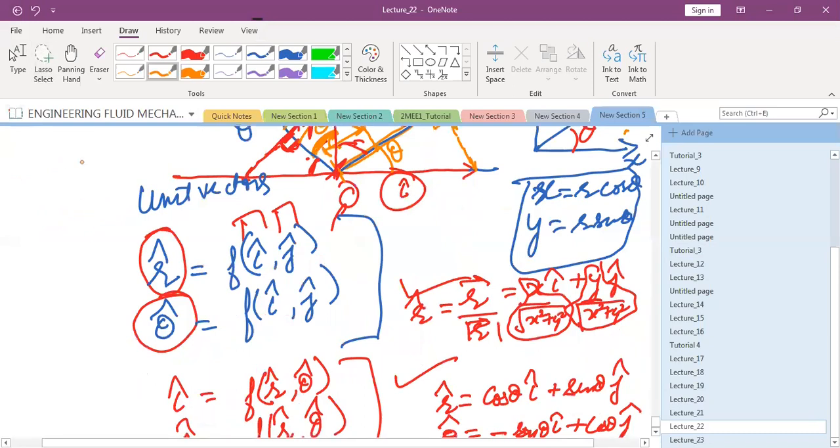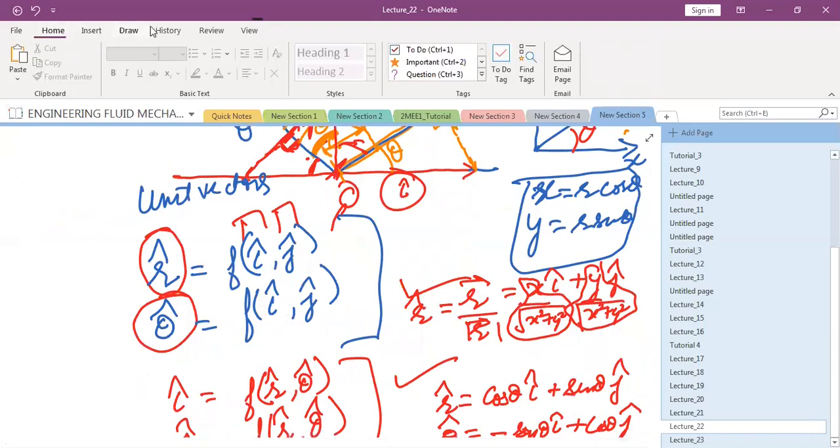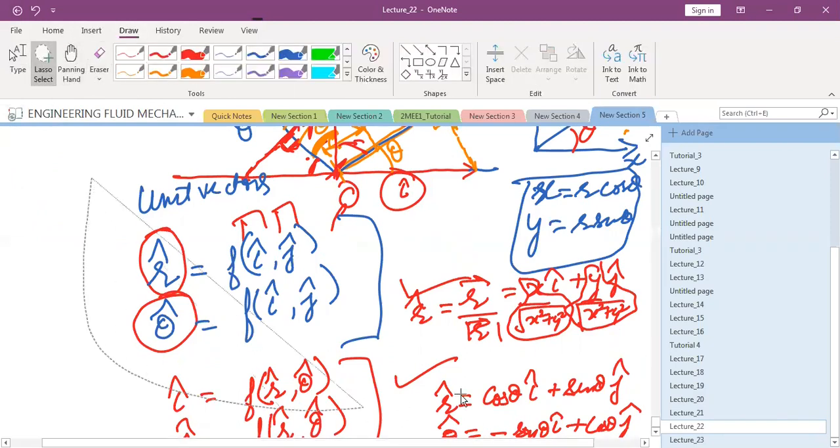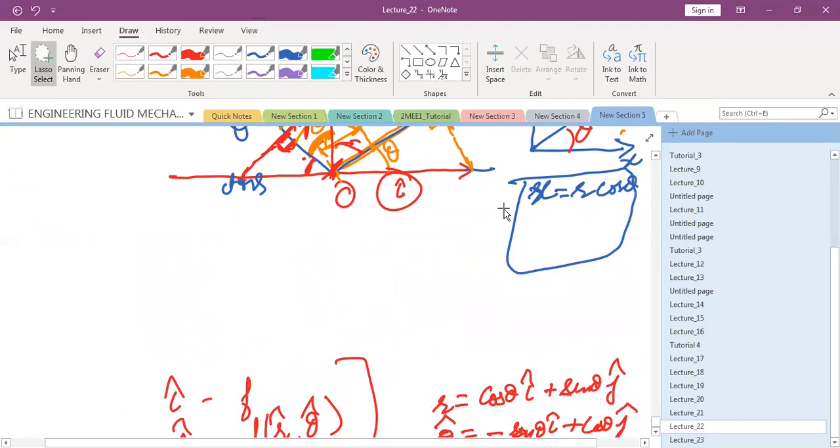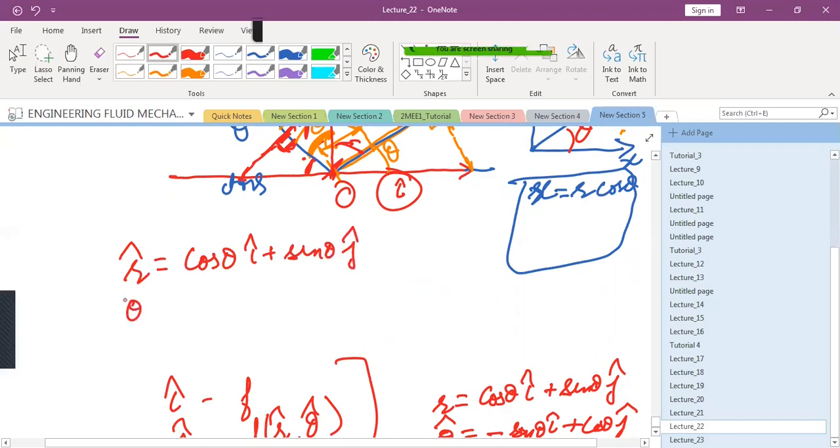So what I can write down here is, wait for a second. I can write down r cap as cos theta i plus sin theta j and theta cap as minus sin theta i plus cos theta j.